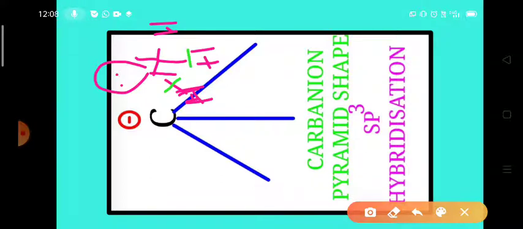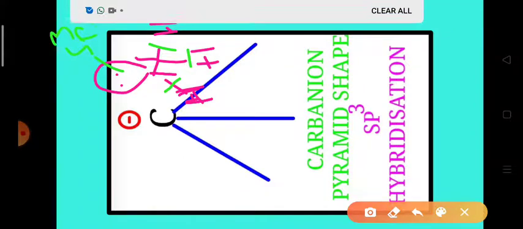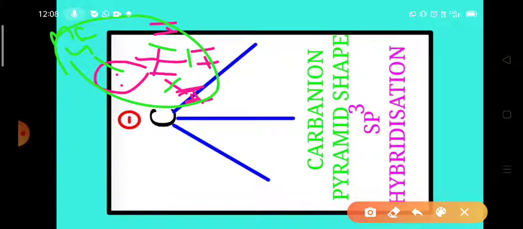So in ammonia, the hybridization of nitrogen is sp3, and there are 3 bond pairs and 1 lone pair. So the shape of the ammonia molecule is pyramidal. In a similar way, the carbanion also has a pyramid shape.